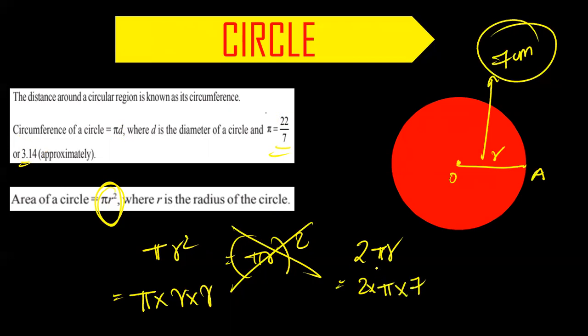And pi can be either 22 by 7 or 3.14. If I take 22 by 7, then I can easily cancel 7 from numerator and denominator, which makes the calculation very simple. And I get 44 centimeter. But if I take 3.14, the calculation becomes very complicated. So it is wise that you use the values according to the question given.